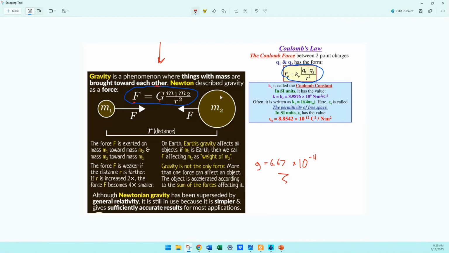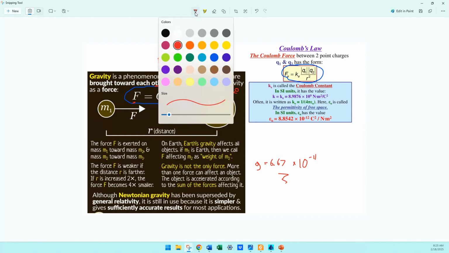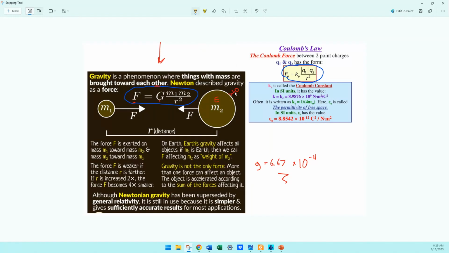Now, most folks probably think of gravity as this thing that happens between us and the earth. If this was the earth and you're standing on it, there is a force of attraction between you, and it's a result of the mass of you and the mass of the earth.